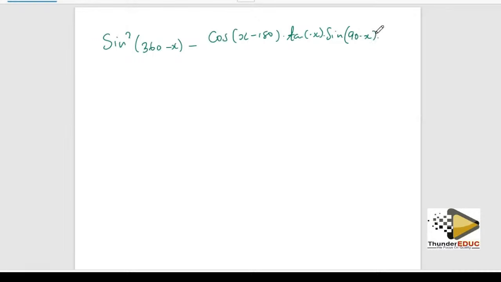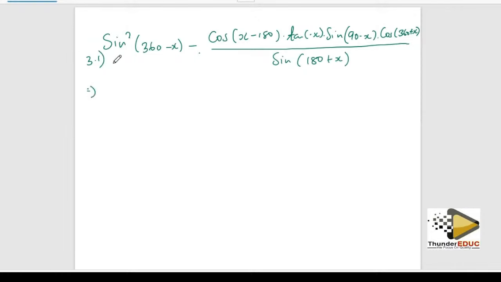And then this must be multiplied by the cos of 360 plus x. All this is being divided by the sine of 180 plus x. So guys, we need to apply our reduction formulas within this question 3.1.